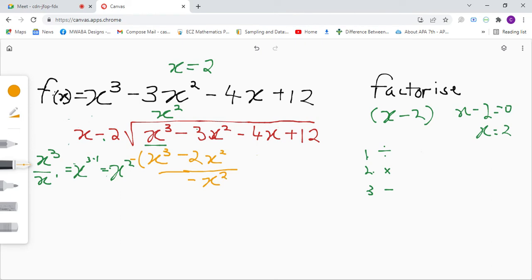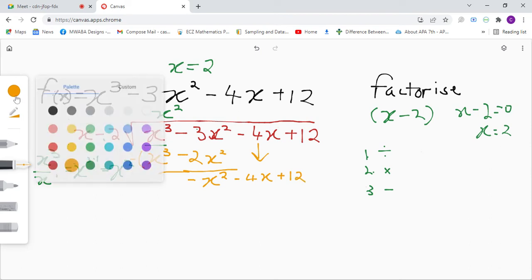This negative 4x, it's like subtracting 0, so we get negative 4x here. This 12 minus 0, that's the same as 12 here.